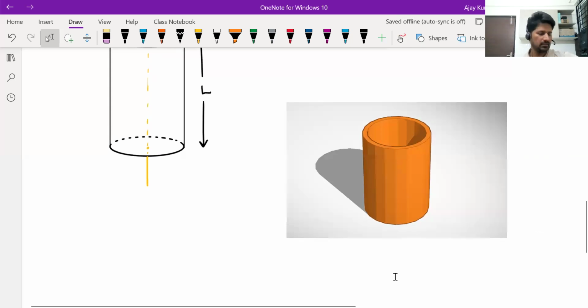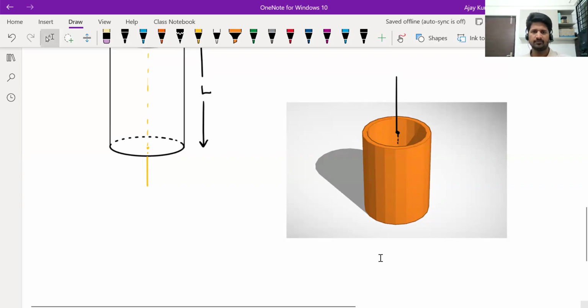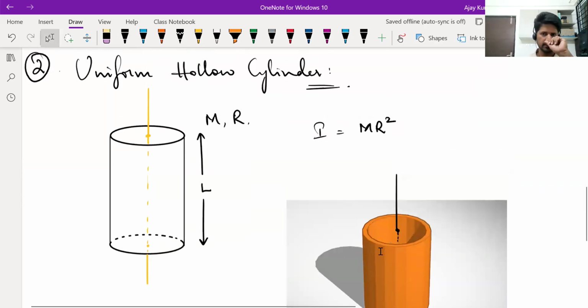And how is the axis passing? Assume this is the center of the face of the cylinder. It's passing through the center like this. So every element of the cylindrical surface will be at the same distance from that axis. So the answer is mr square. That's fine.